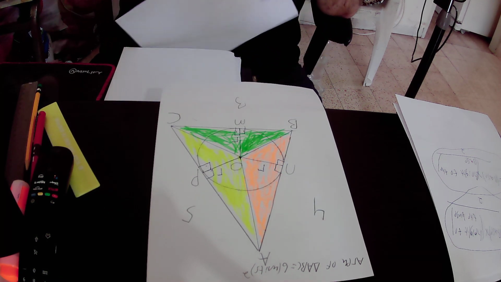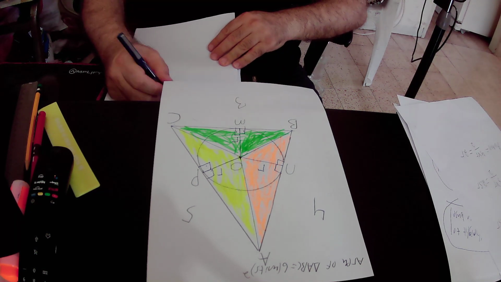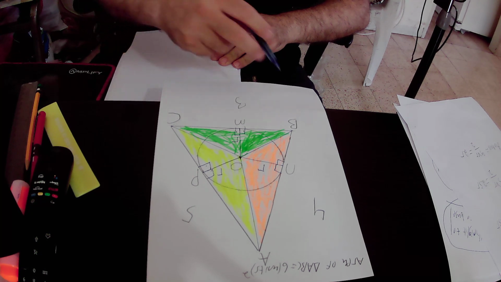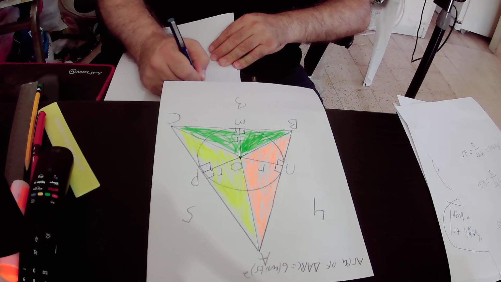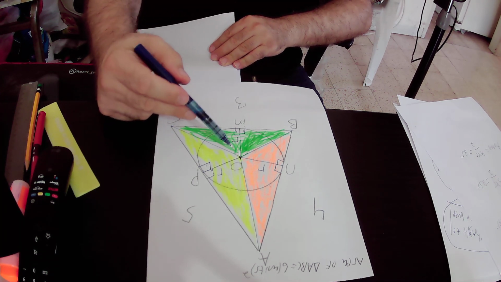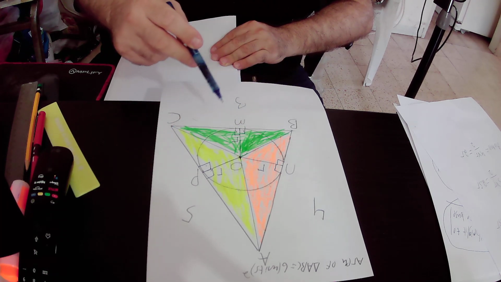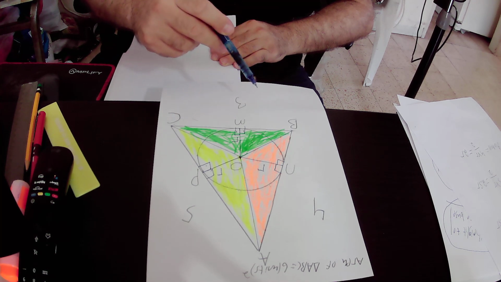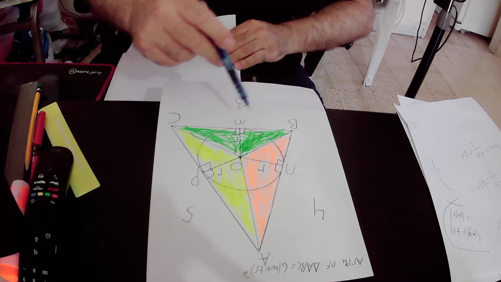Okay, and as you can see from the drawing, the area of the big triangle ABC equals the sum of the areas of the yellow triangle plus the area of the green triangle plus the area of the orange triangle, because the big triangle ABC contains exactly those 3 triangles, the yellow triangle and the green triangle and the orange triangle.